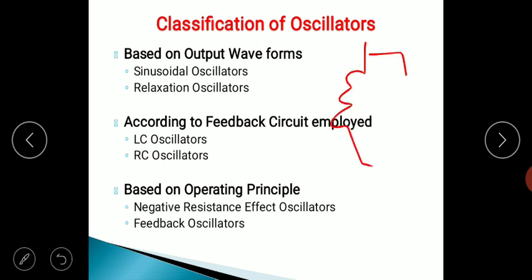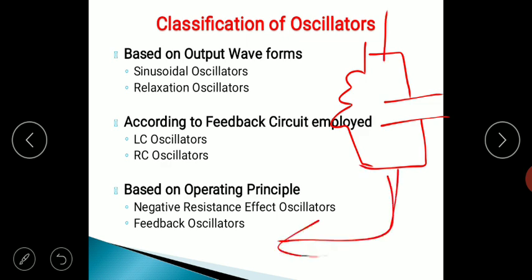We will be having an inductance and then a capacitance. Here the output will be given and this is given to the feedback. Such a circuit is called a tank circuit. The parallel combination of L and C is called a tank circuit, and the oscillator which uses a tank circuit as a feedback element is called an LC oscillator.